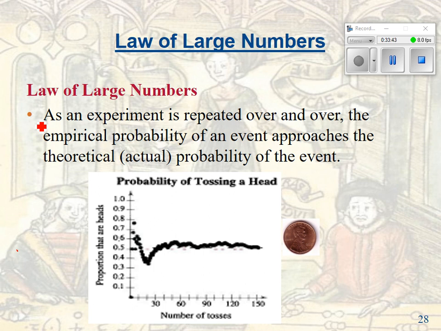Yeah, unless there's something wrong with our coin. If it's got two heads on it and you're getting heads every time, number one, that'd be pretty funny. I'd probably laugh at you. But that's all the law of large numbers says. It says if you do something enough times, at some point, you're going to get close to the theoretical probability.